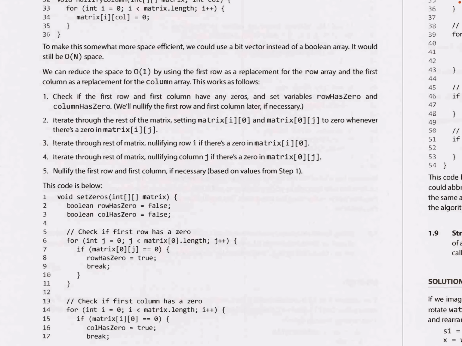We can reduce to constant space by using the first row as a replacement for the row array and the first column as a replacement for the column array. This works.